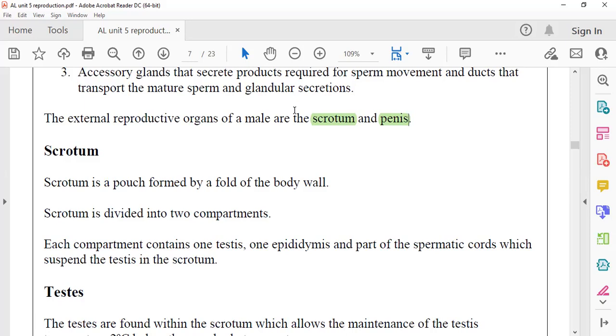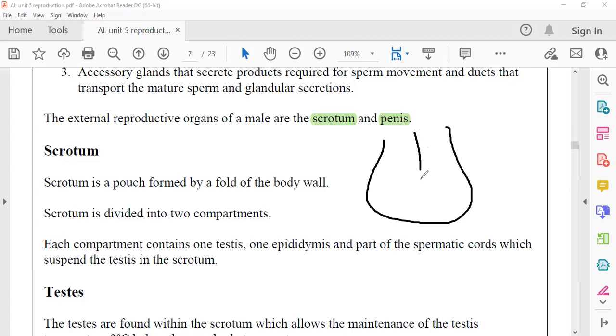The scrotum is a thin, skinny pouch, a pocket-like skin structure. This is the scrotum.